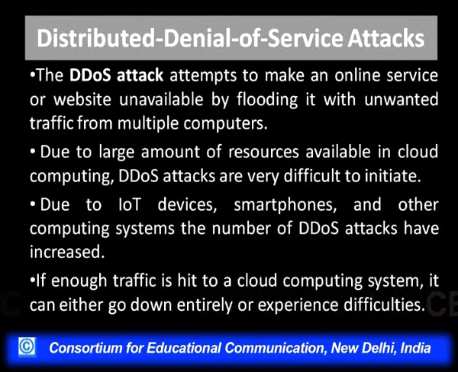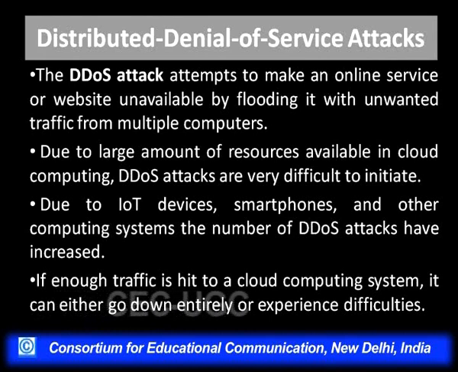The first is the distributed denial of service attack. What happens in a DDoS attack is that this attack attempts to make an online service or a website unavailable by flooding it with unwanted traffic from multiple computers.